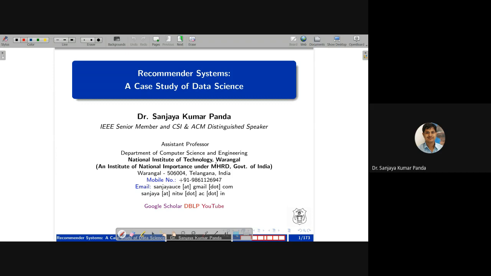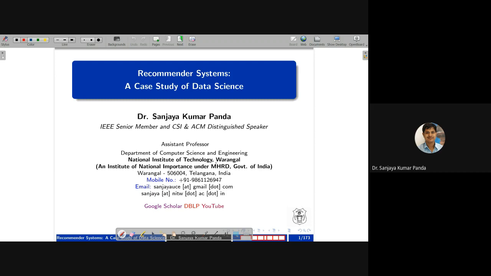Similarly, the recommender system is not limited to academic institutions or industry, but e-commerce sites like Flipkart, Amazon, and social networking websites like Facebook and Twitter and other platforms, where the recommendation system plays a very important role. So we'll discuss this case study in detail.